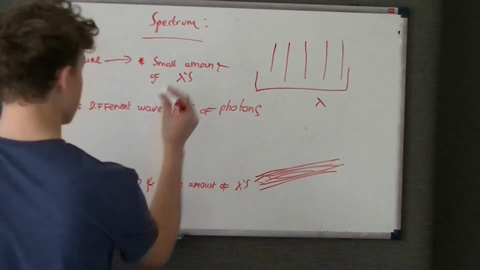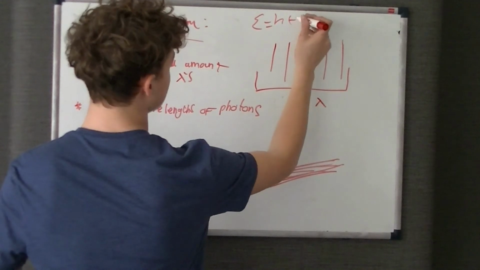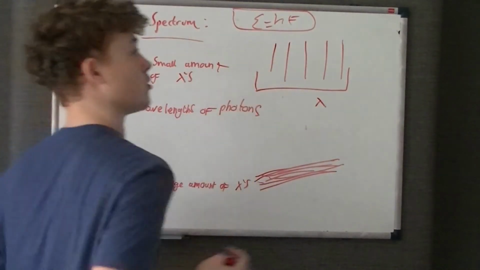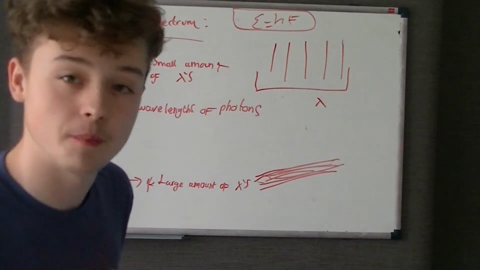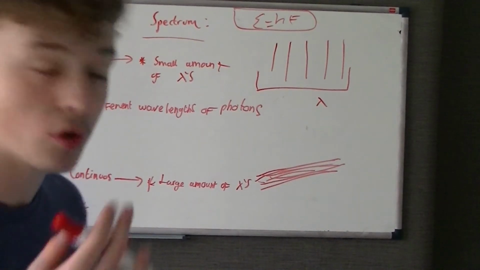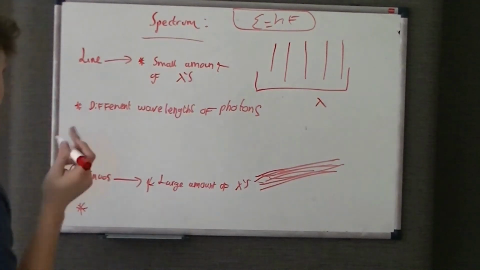As E equals hf, which is the energy of a photon equals Planck's constant times the frequency, which is 6.6 times 10 to the minus 34. So we've got a large amount, and they're dependent on the energy.